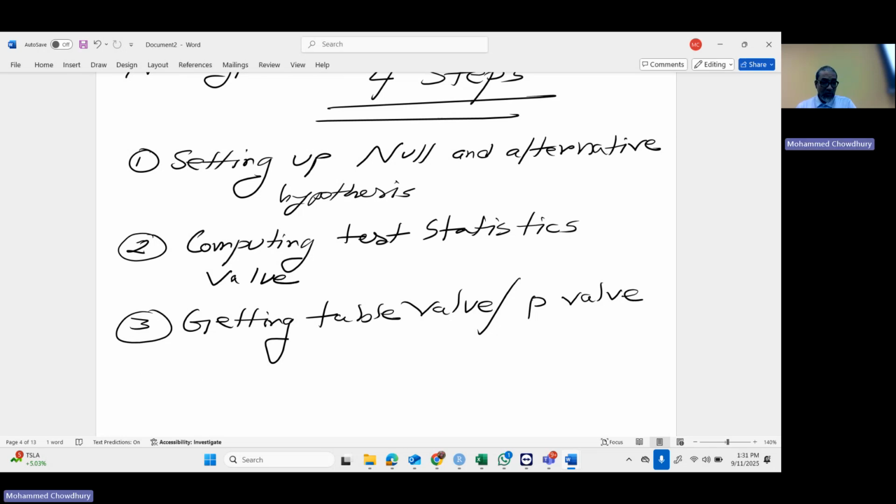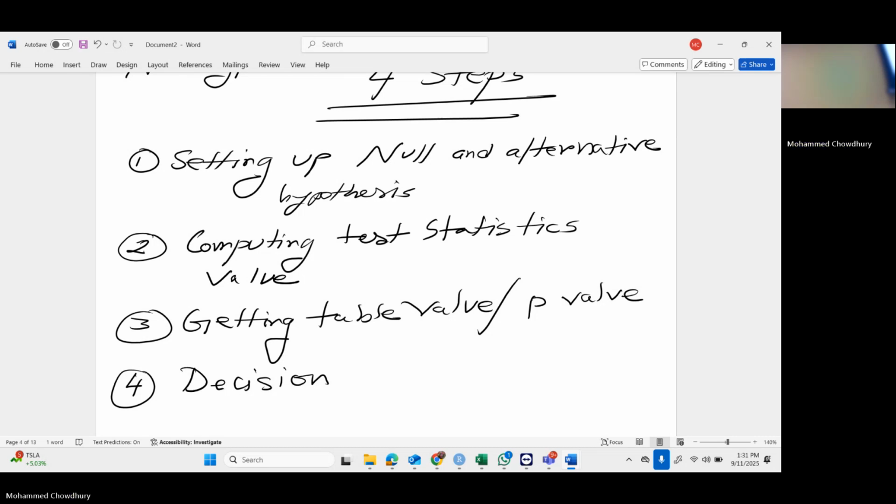And number 4, decision. So if I ask a written response question, you have to write these 4 steps.